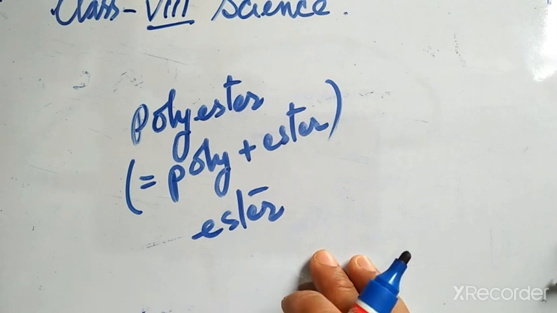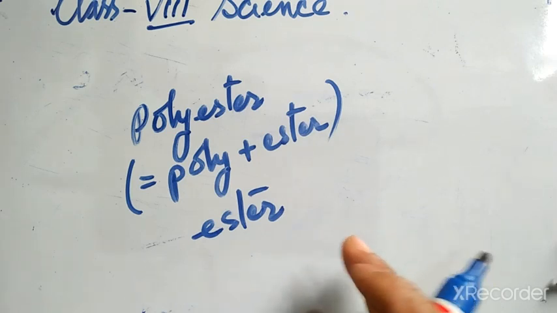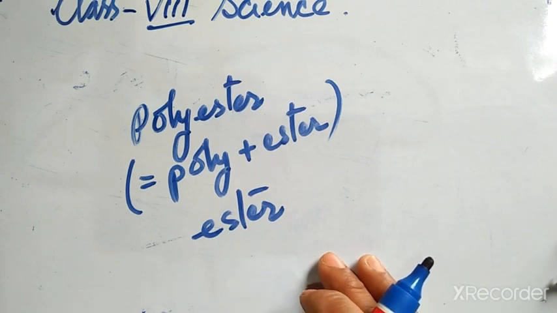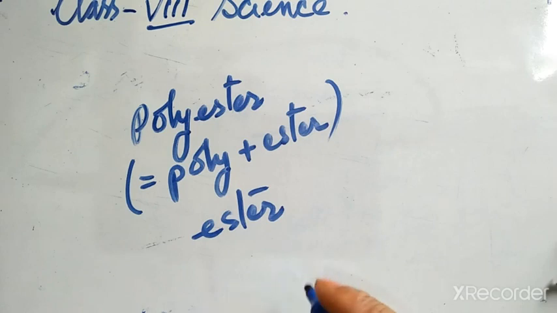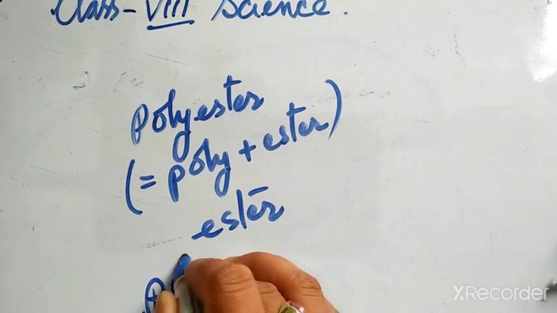Fabrics are sold by names like polycot, polywool, terrycot, etc. As the names suggest, these are made by mixing two types of fibers. Polycot is a mixture of polyester and cotton.